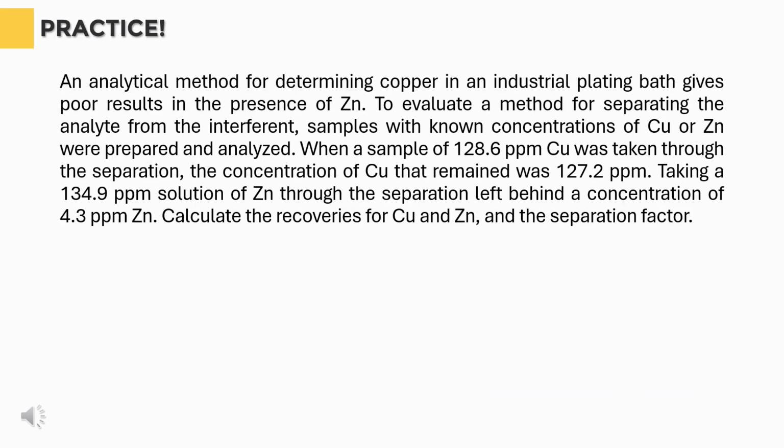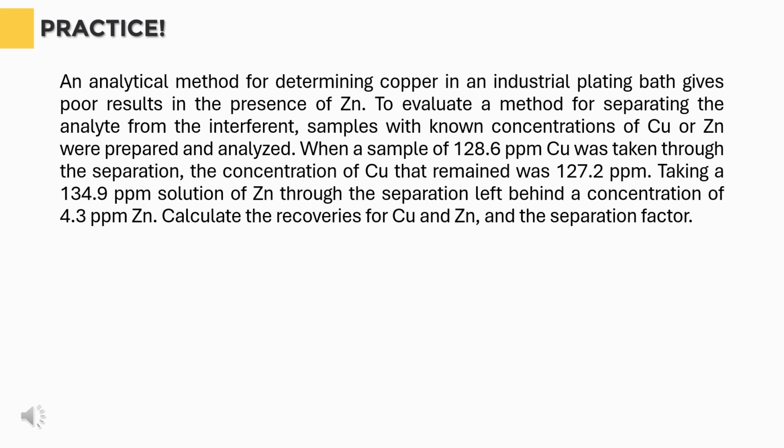For the practice problem, you may pause the video before we reveal the final answer. It is stated here that an analytical method for determining copper in an industrial plating bath gives poor results in the presence of zinc. To evaluate a method for separating the analyte from the interferent, samples with known concentrations of copper or zinc were prepared and analyzed.